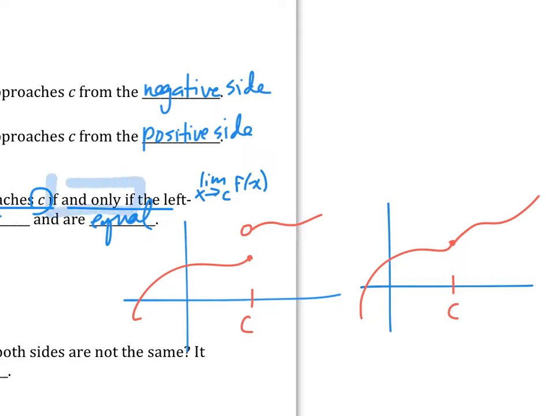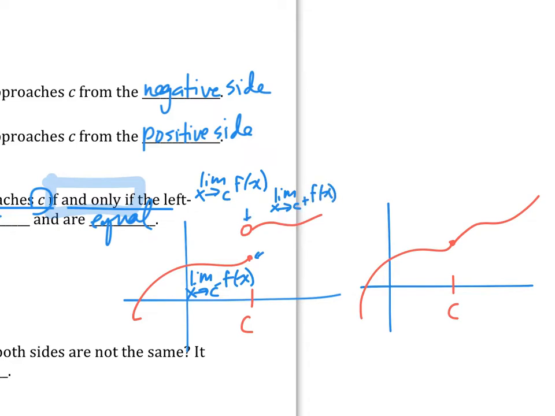if and only if the left hand side and right hand side limits at c exist. So the question is, does the limit as x goes to c from the left hand side exist? Yes, right here. Does the limit as x goes to c from the positive side exist?